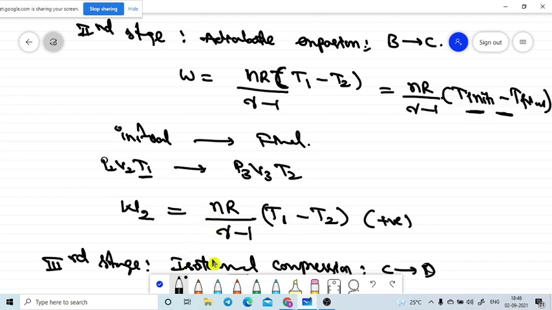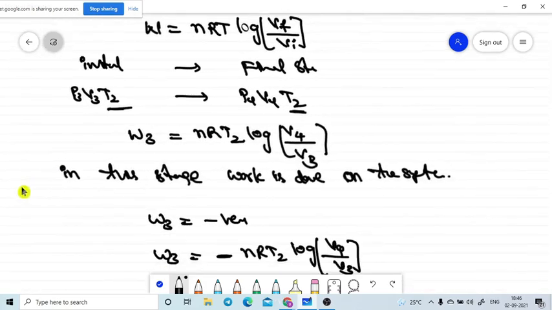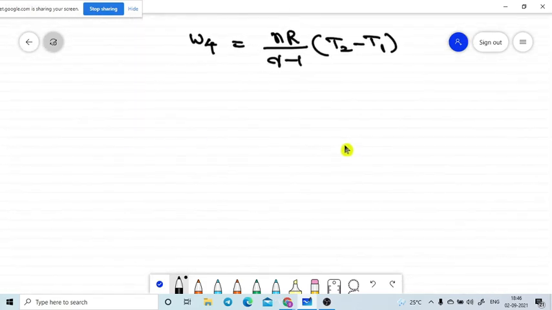Now here, one thing you need to concentrate on. If we take these values, the initial stage and final stage.